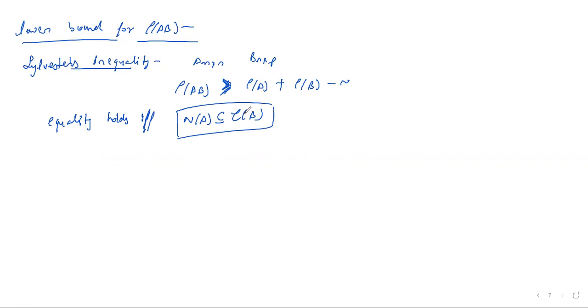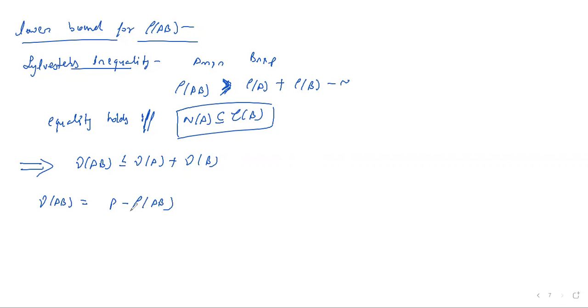Now this Sylvester's inequality can also be stated as: the nullity of AB is less than or equal to the nullity of A plus the nullity of B. What is the nullity of AB?